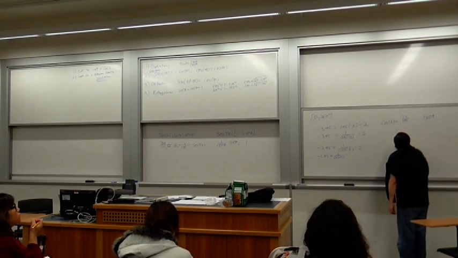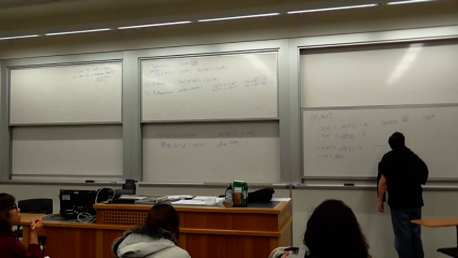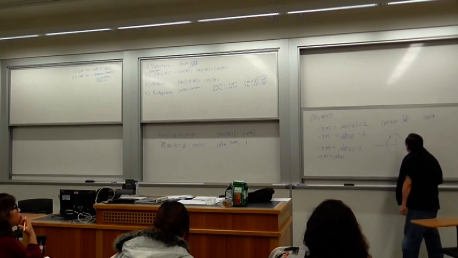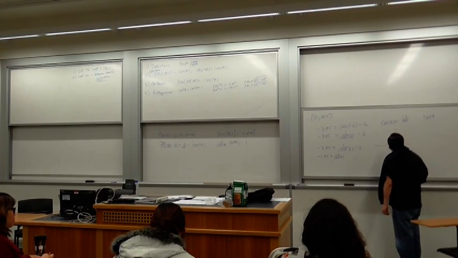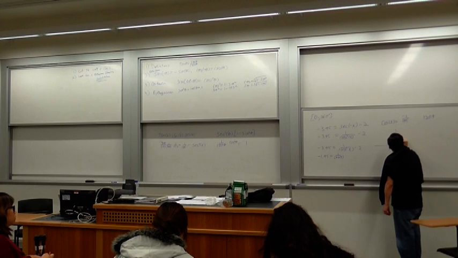Let's take a reminder look at our unit circle. The cosine here, that's the x coordinate, is 120. Well, Professor? Yeah.